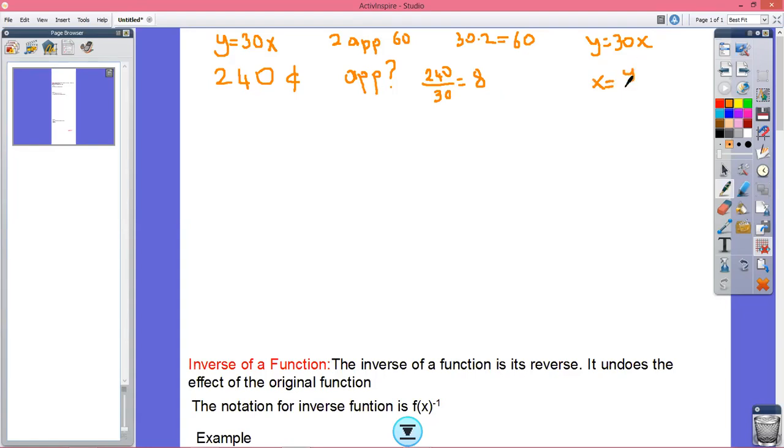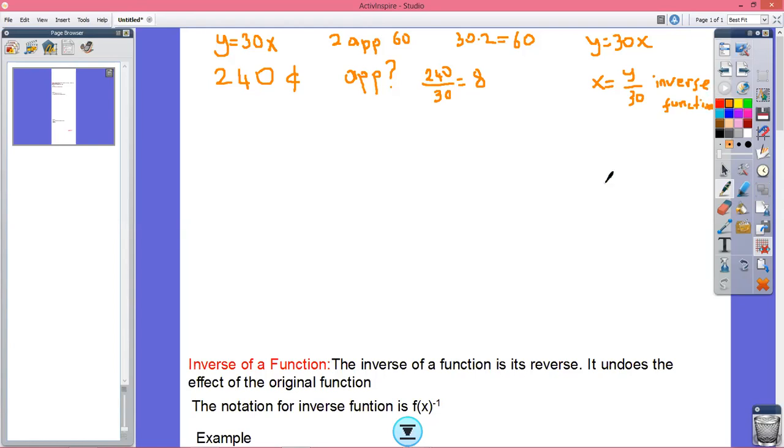This will be the inverse function. Did you understand this one or not?